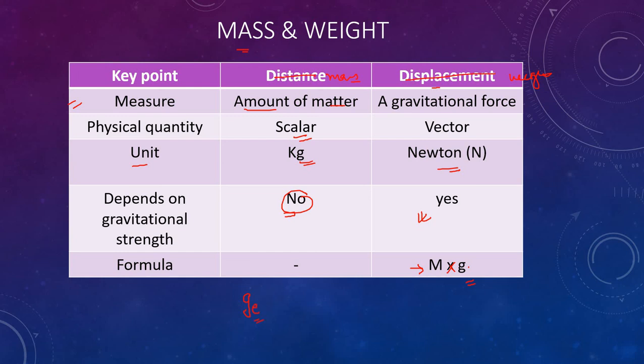Suppose on the moon, g moon is one sixth of the Earth, so your weight will be 1/6. So if you are 60 kg on the Earth, 60 Newton, it will be just 60 divided by 6, just 10 Newton, because this is defined as force. But mass never changes. Whatever mass is there, it will be the same mass. So that's why mass is called a scalar quantity.